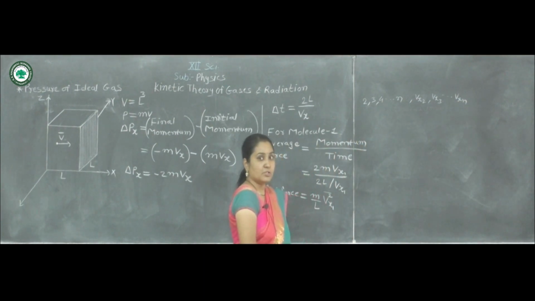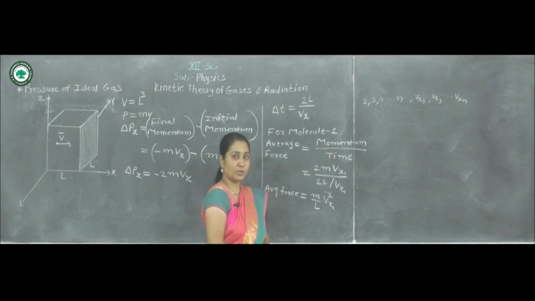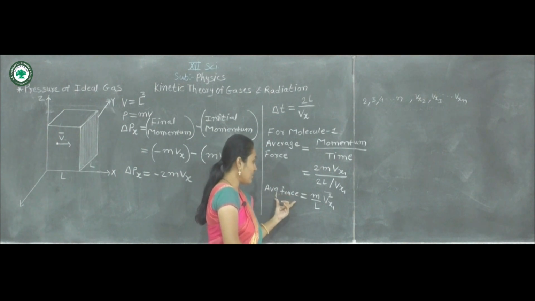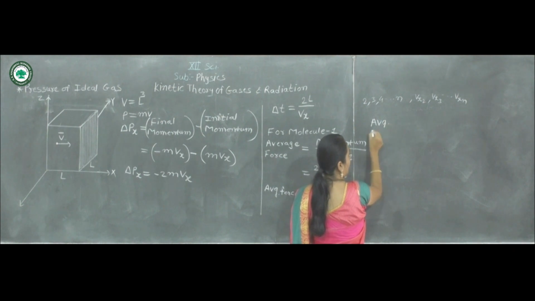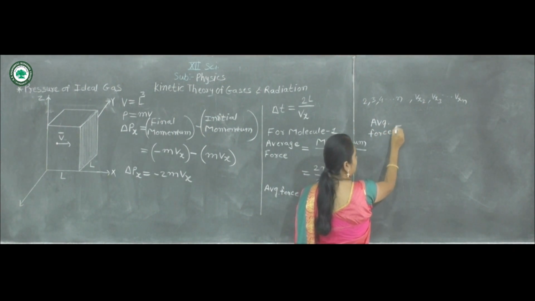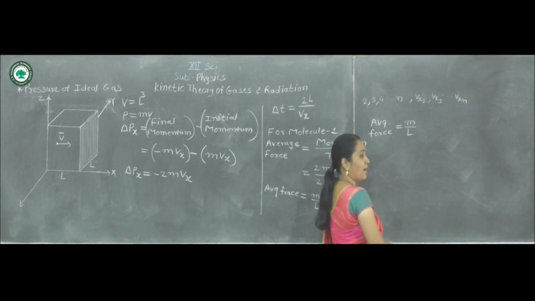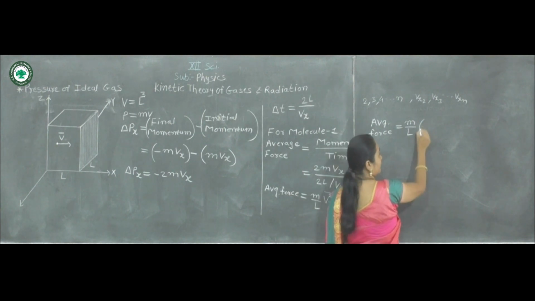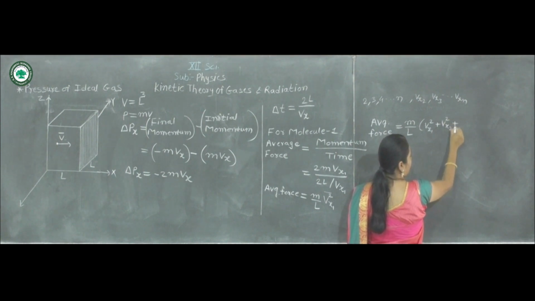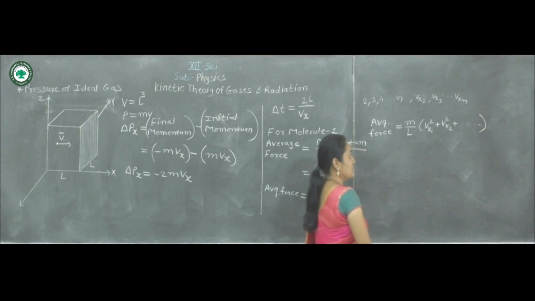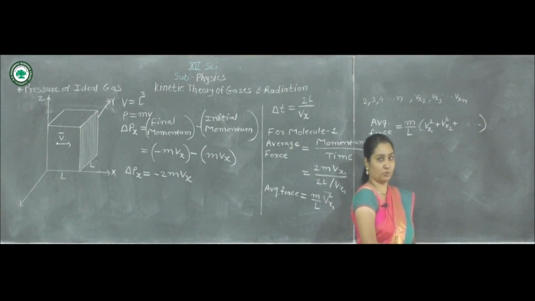So if we are finding the average force for n molecules, we can write the equation for average force as average force is equal to m upon L in bracket Vx1 square plus Vx2 square plus and so on for n molecules.